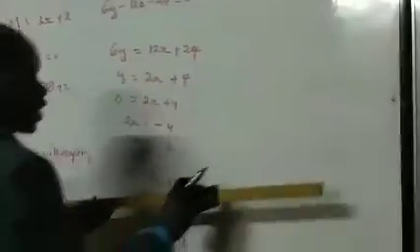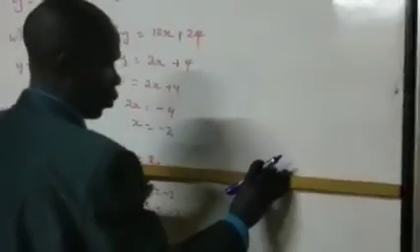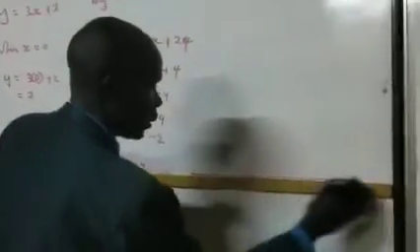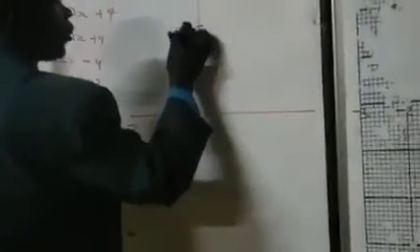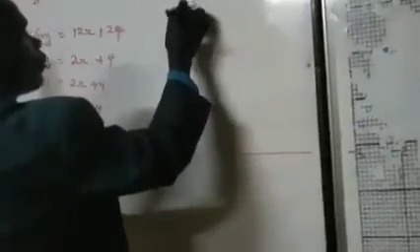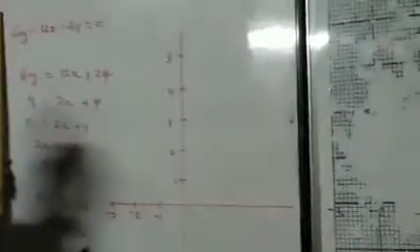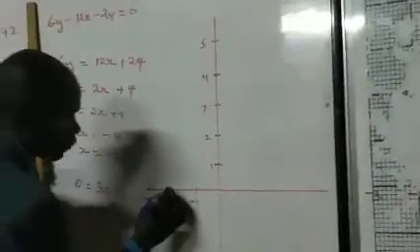So if we have to sketch that line, on the x-axis, this will be negative 1, negative 2, negative 3, and that is 1, 2, 3, 4, 5. So this line will cut the y-axis at 4, and we will cut the x-axis at negative 2.